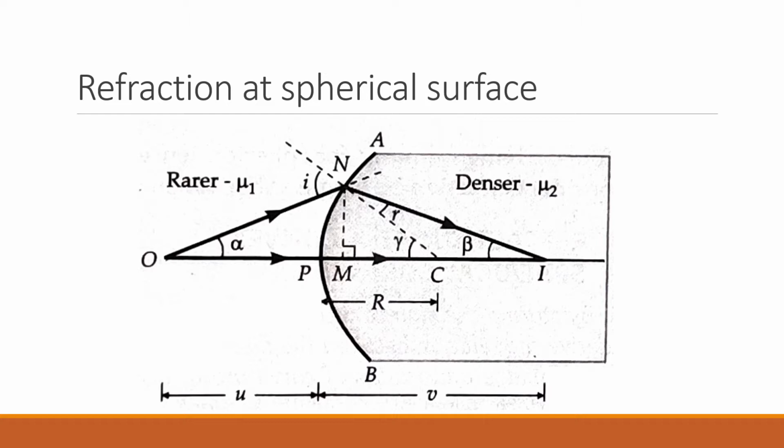Consider a refracting surface. Suppose this APB is your refracting spherical surface. This surface separates two mediums. The first one is your rare medium.